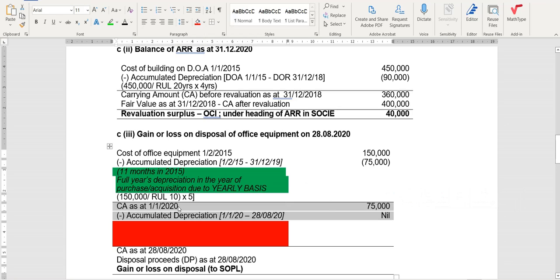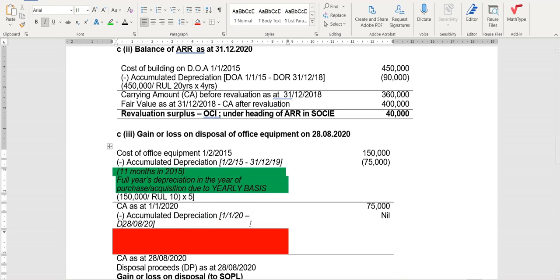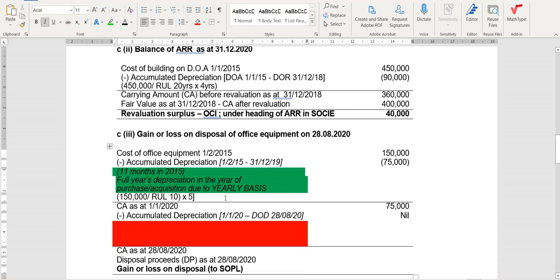Remember, the year of disposal is somewhere in 2020, which is the date of disposal. So the accumulated depreciation for the year of disposal, from 1st of January 2020 up until 28th of August 2020, will not be provided.